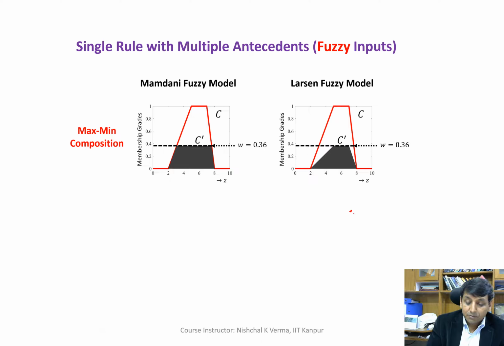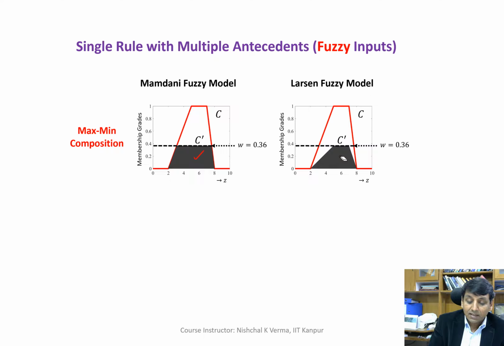So here we have compared the output values for the same input when we use the Mamdani fuzzy model and the Larsen fuzzy model. We get our C dash like this in one case, and when we use the Larsen fuzzy model we get this output.